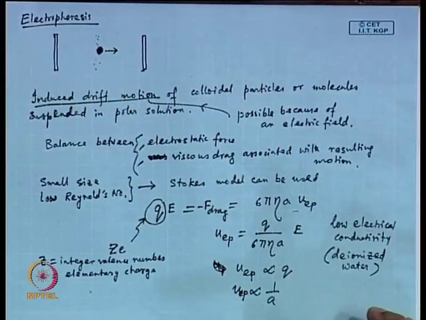If you have a sample containing particles of different sizes, and you expect those particles to attain different velocities, then you should put it in a medium with low electrical conductivity. An example would be deionized water.